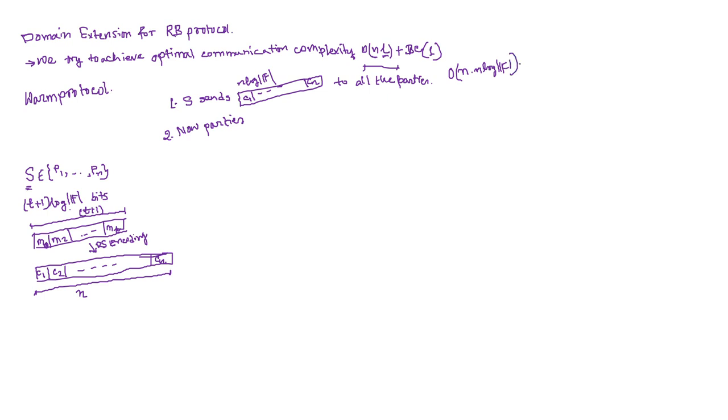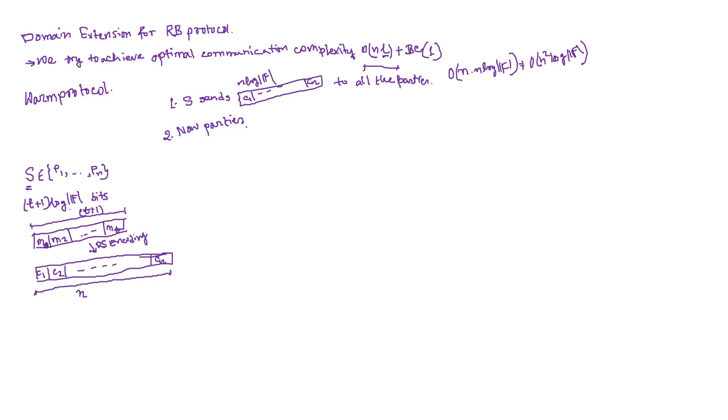So that gives us order of n square log f, right? This is the communication complexity in terms of bits in the first round.